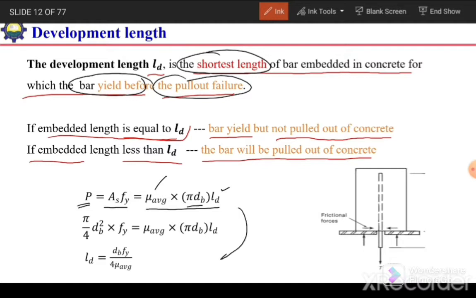When we rearrange this equation, we get LD equal to diameter of bar times Fy divided by 4 times the average bond strength. So this LD is our required development length to cause the yielding of this bar. To get the maximum benefit, the embedded length should be equal to or more than this value.